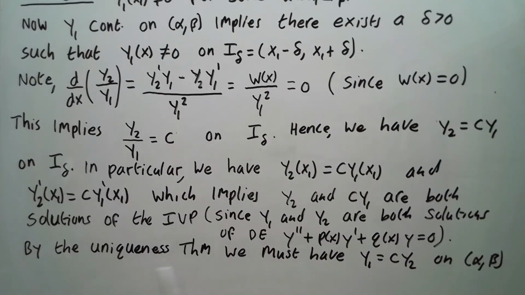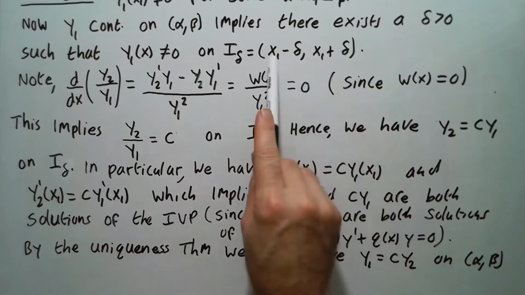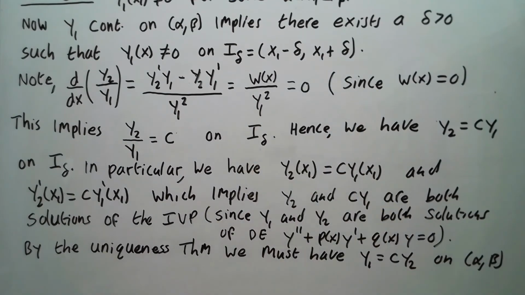So by the uniqueness theorem, we must have that y2 equals c y1 on all of alpha beta. You've just proven it up here for the interval I, which does not include all of alpha beta. But now by the uniqueness theorem we're able to extend it all the way to alpha beta. So we're done, because this implies that y1 and y2 are linearly dependent.